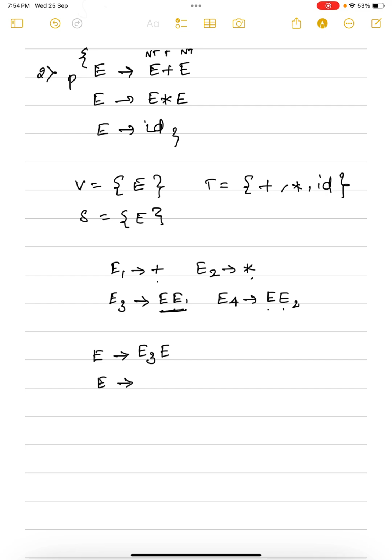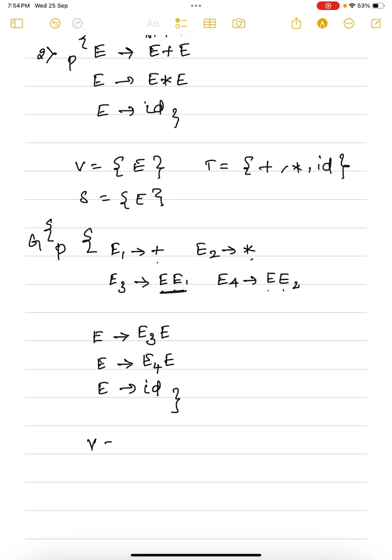Next, for E star we can use E4 E. E4 E. Okay, and then E tends to ID. That's all. So this is the new set of productions for the grammar which is in Chomsky normal form.